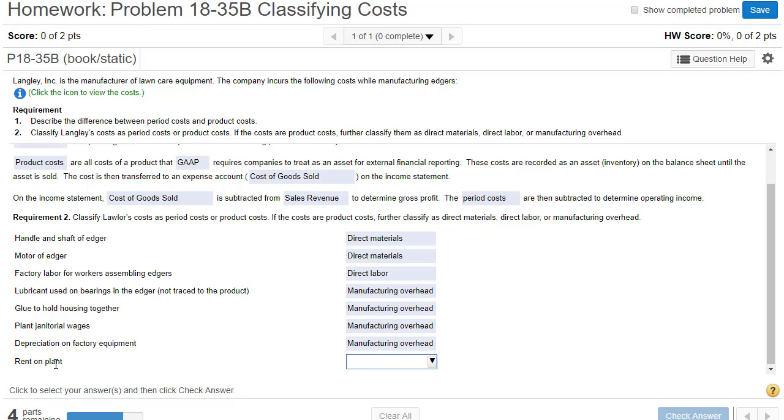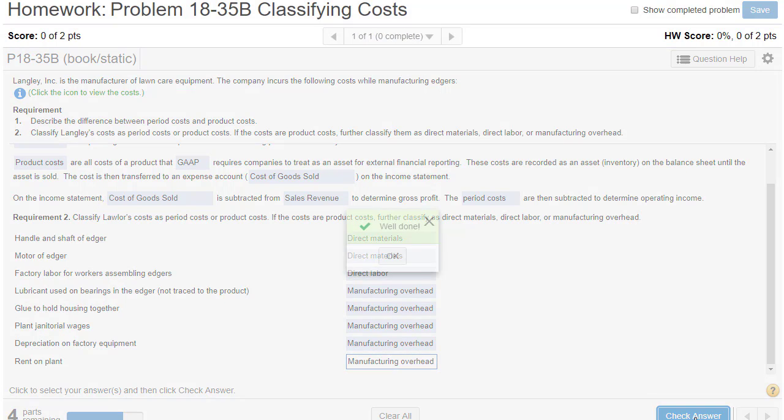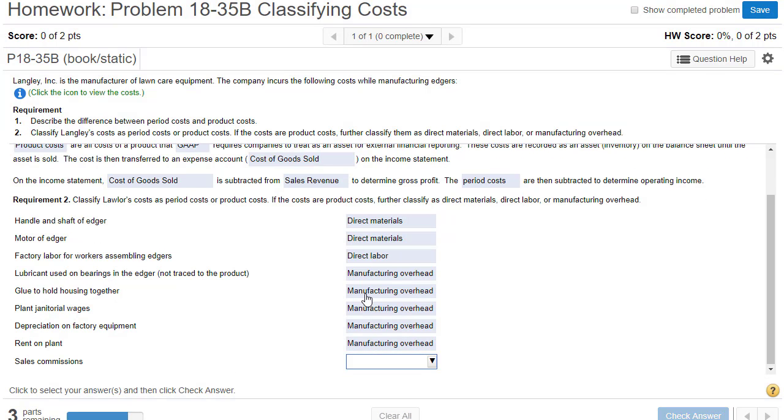And rent on the plant. Since this is rent on the plant and not rent on the office, and the plant is where the product is made, this is a product cost, and it is manufacturing overhead because it's not specifically traced to one edger or the other.